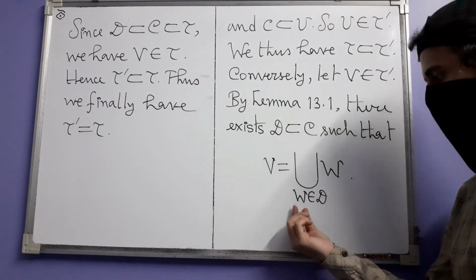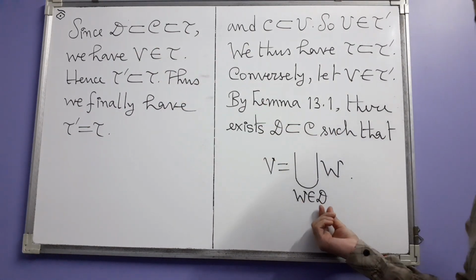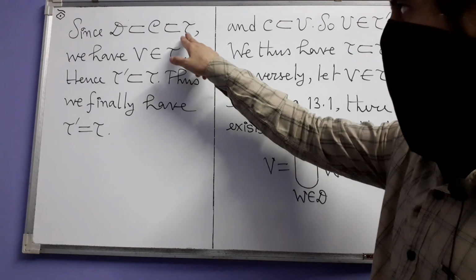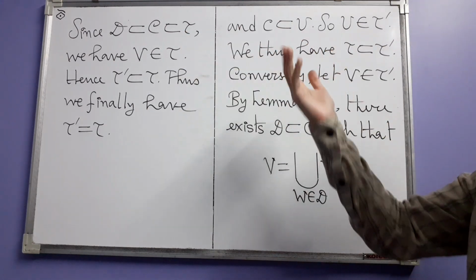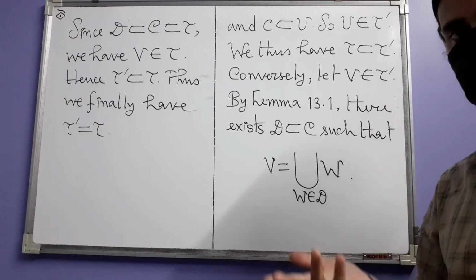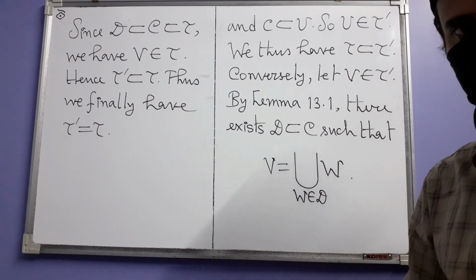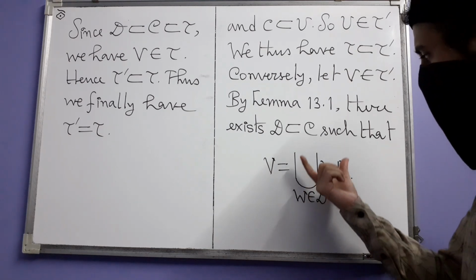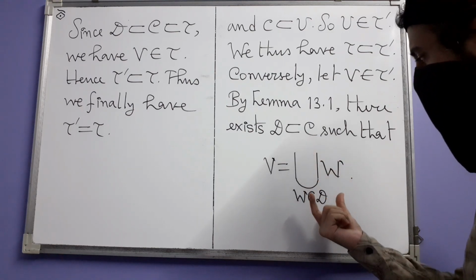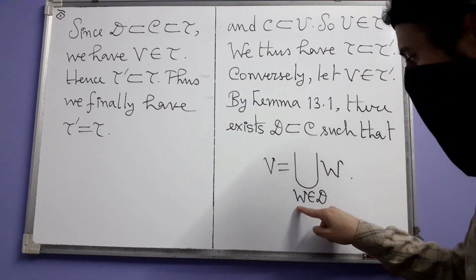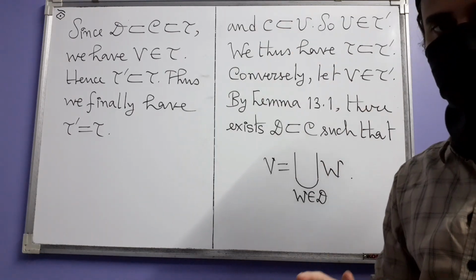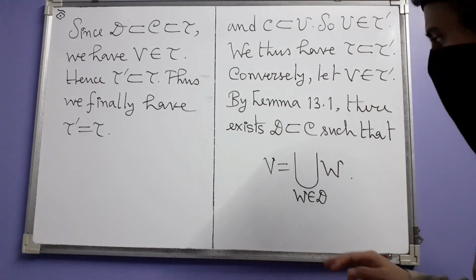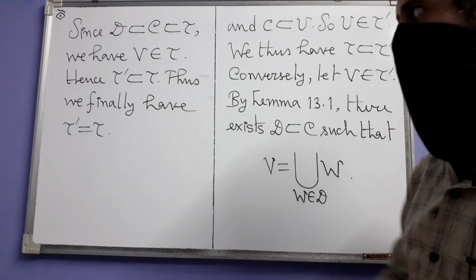This means that any W that you are choosing from D ultimately is open in tau, ultimately is an element of tau. And because tau is a topology and is closed under the formation of arbitrary unions, this union is a union of elements W in tau. So the union will also be an element of tau, and that's how V belongs to tau.